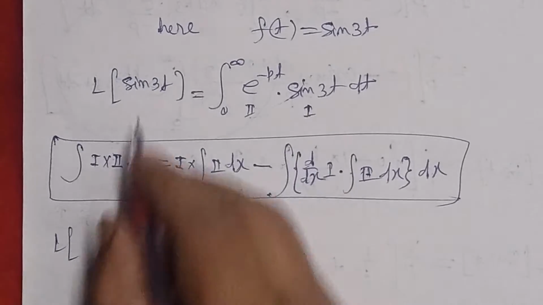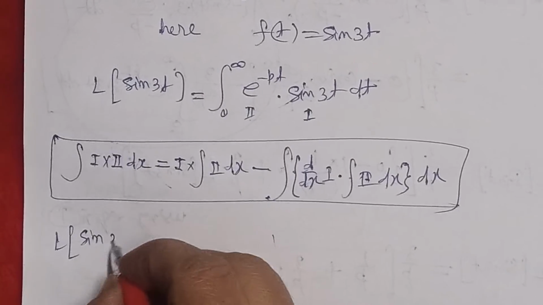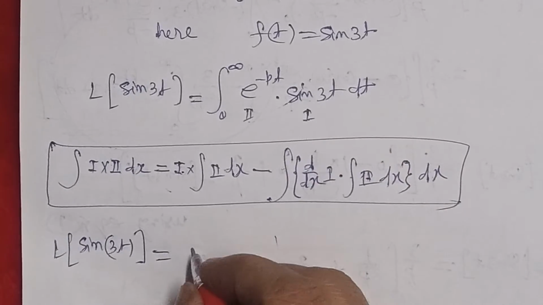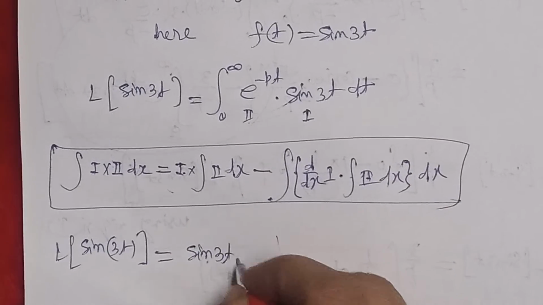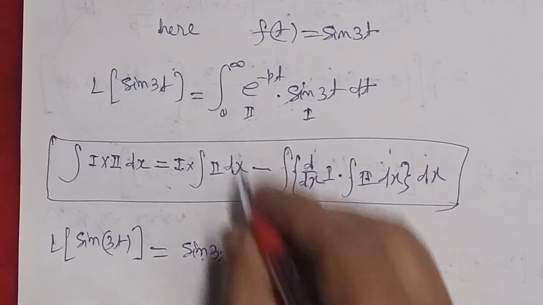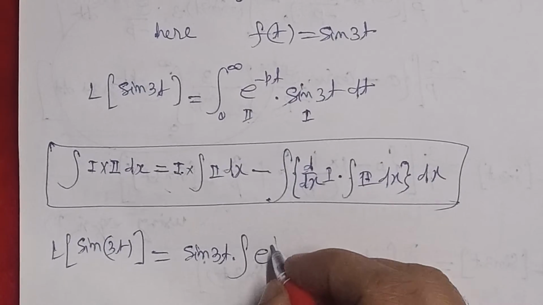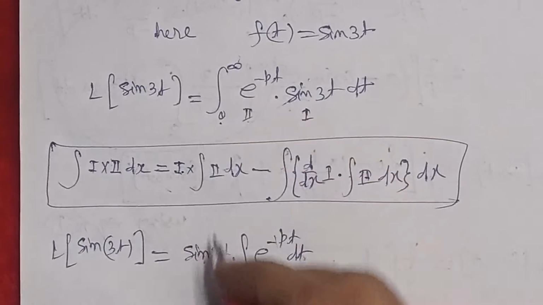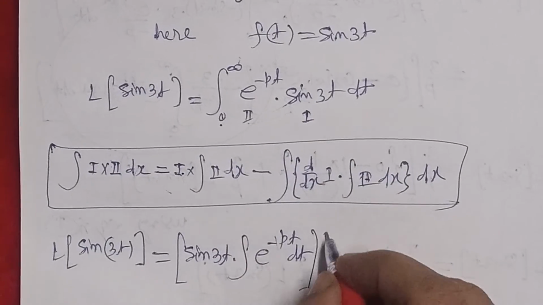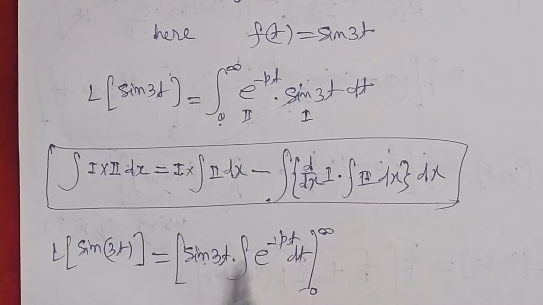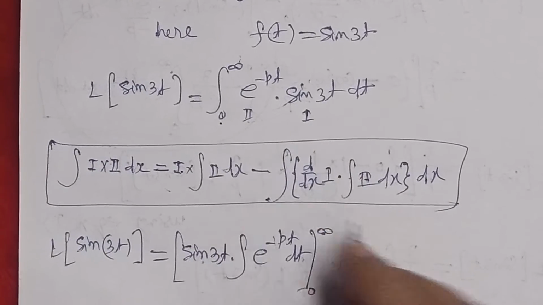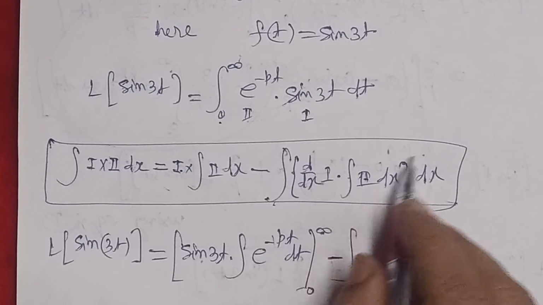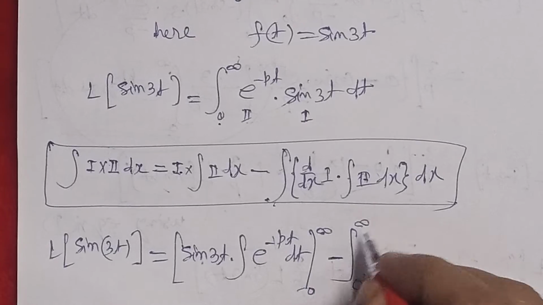Left hand side is Laplace of sine of 3t equal to first function as it is, sine 3t, integration of second function, e to the power minus pt dt. Limit of integration is 0 to infinity, so I apply here the limit, and now apply minus sign and integrate this value from 0 to infinity.